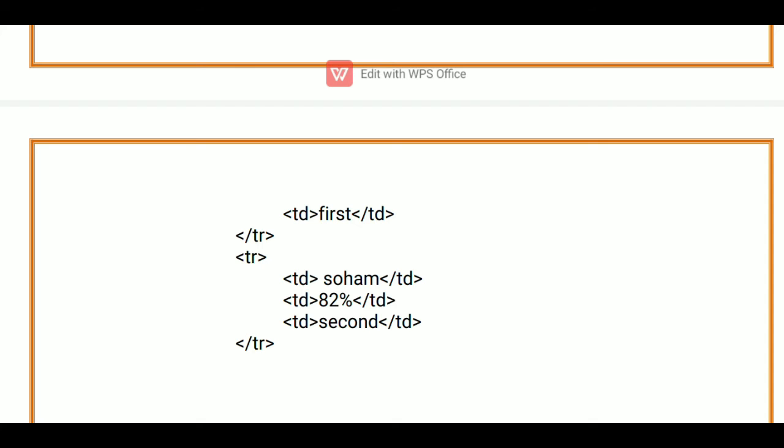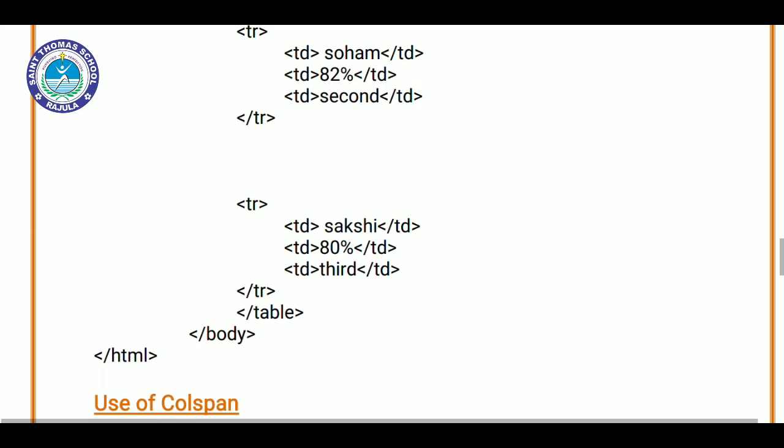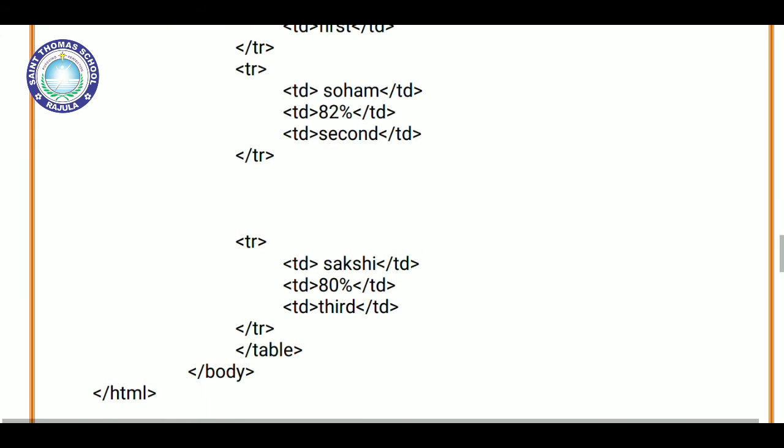That is written with the tr and td tags. And the fourth one is also written like this: Sakshi, 80% and third rank. Then our closing table tag, closing body tag and closing HTML tag. So this is the coding, students, of how to write a table in HTML. I hope you understood this.